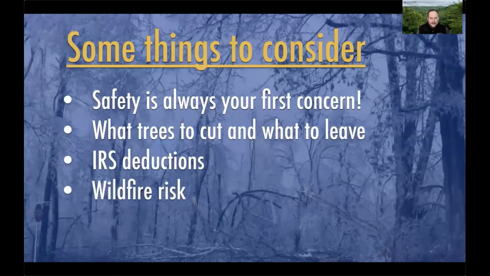And we'll also briefly touch on wildfire risk, because that is something that we're seeing right now across the Commonwealth. And lastly, just throw up a few resources for you to find some information that you might need when managing for your woodland.